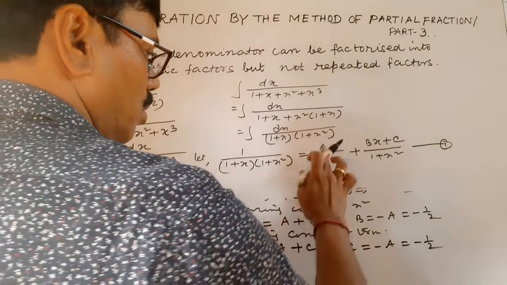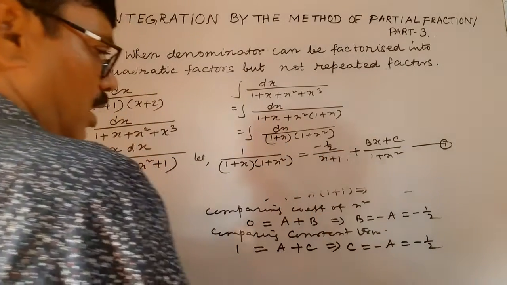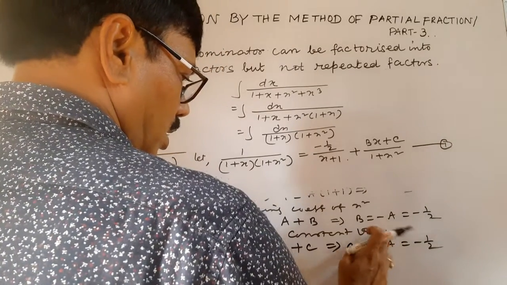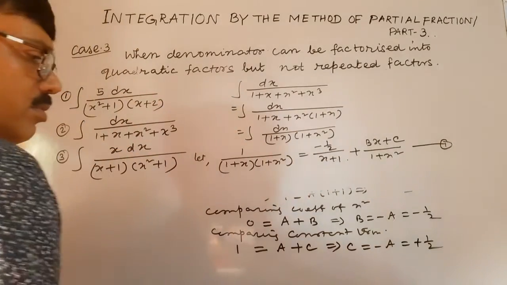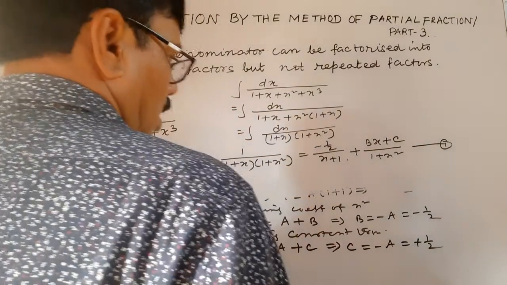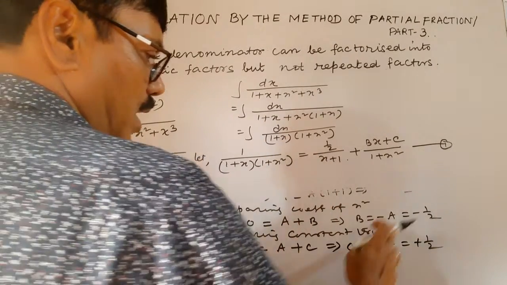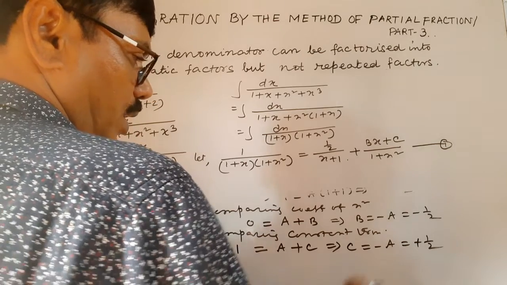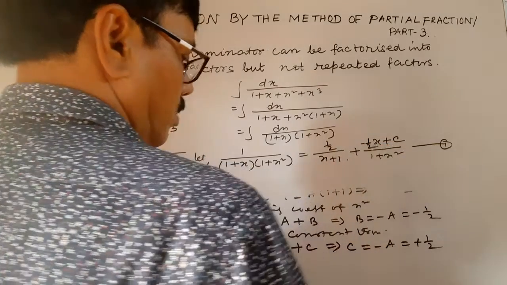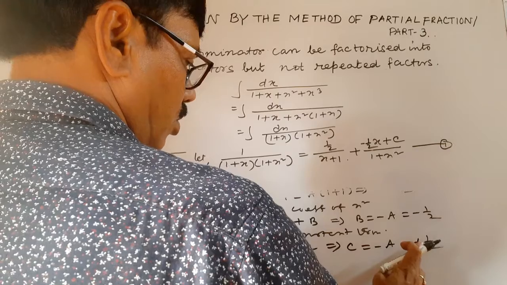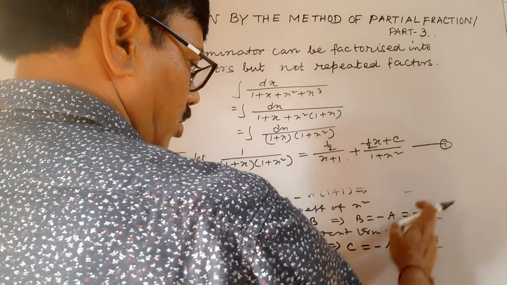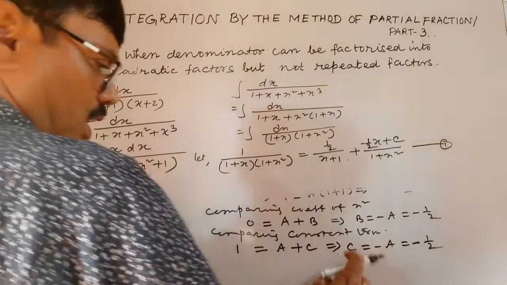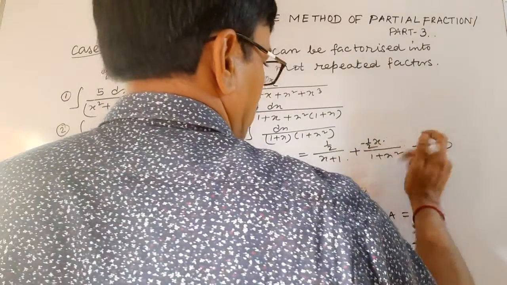A equals half, B equals minus half, and C equals half.